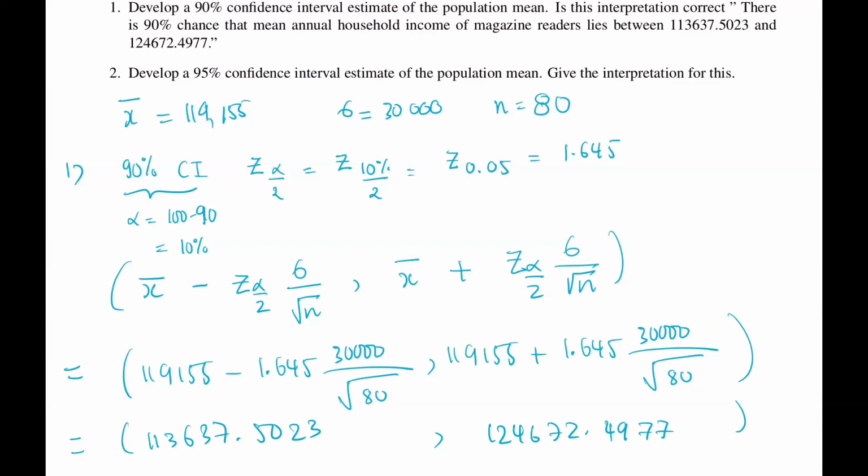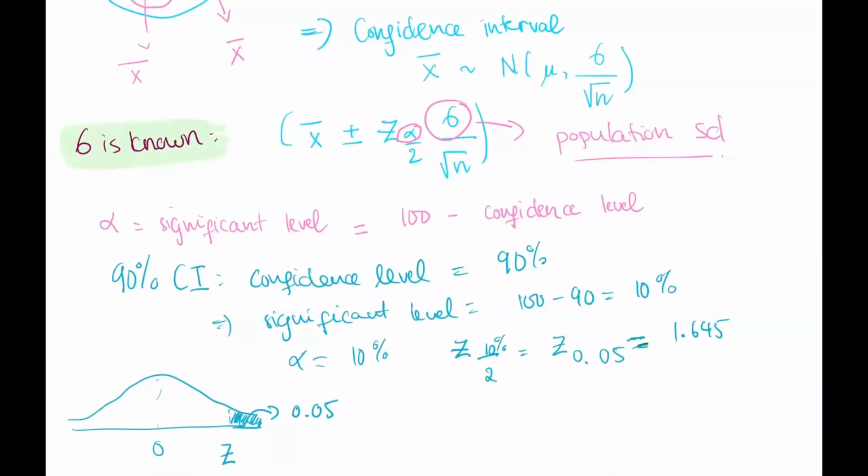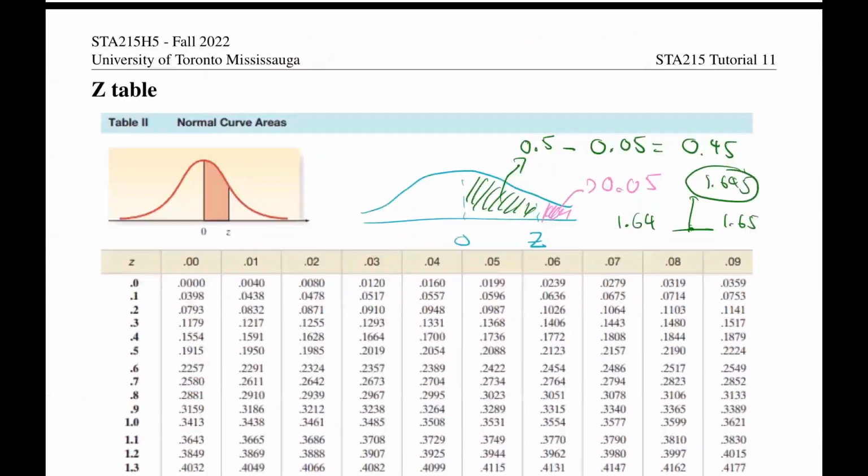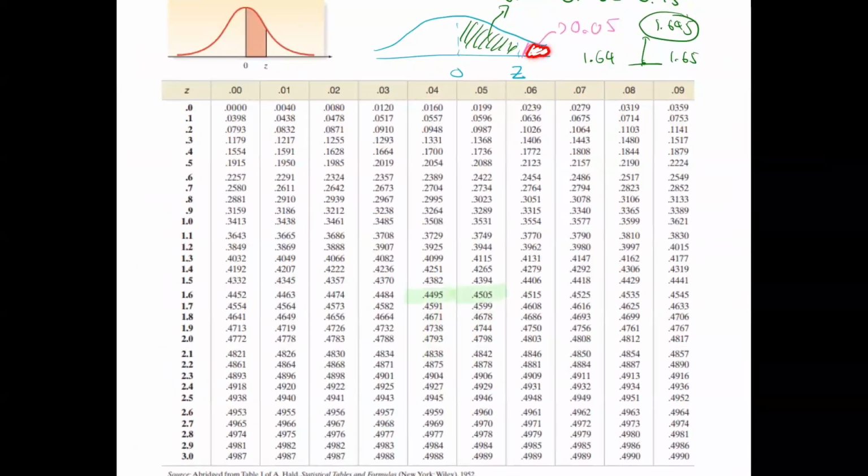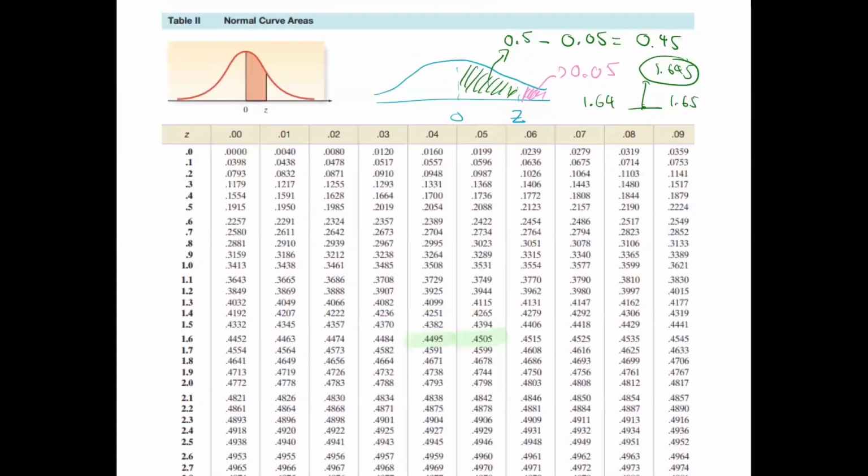Yeah, I got it from the Z table because I want to find Z such that the area is 0.05, like what I did here. It was an example that I first showed you. Let's see. Here, I want to find the area. This one is 0.05, which means this part is 0.45.